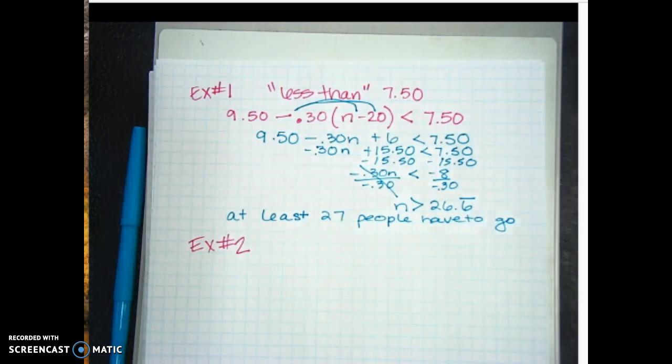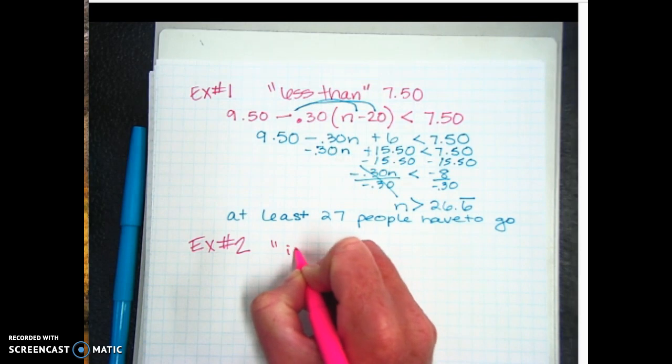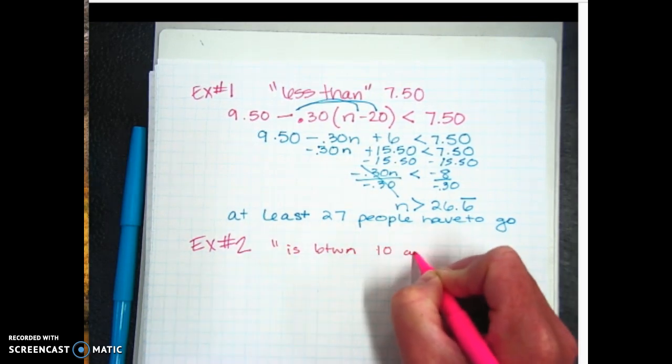All right, example number 2 says find all 4 sets of consecutive integers whose sum is between 10 and 20. So the keywords are is between 10 and 20.